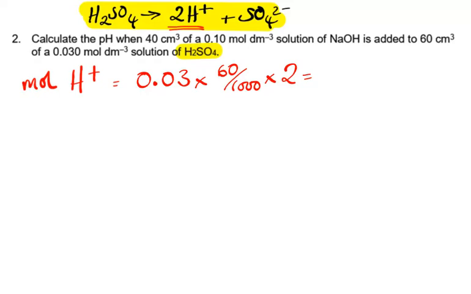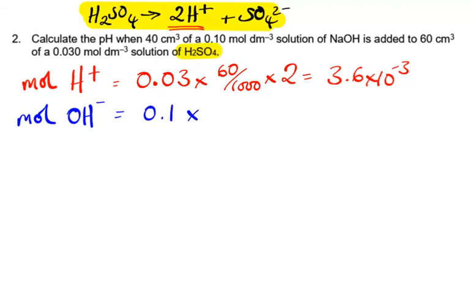And we should get 3.6 times 10 to the minus 3. Now for the hydroxide ions. And that's 4 times 10 to the minus 3.